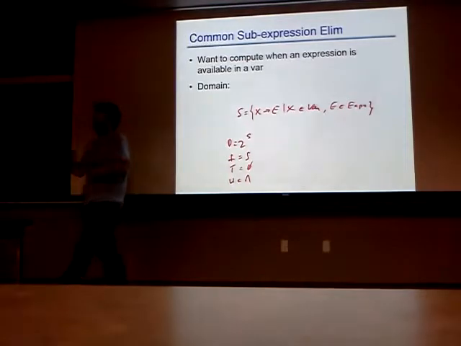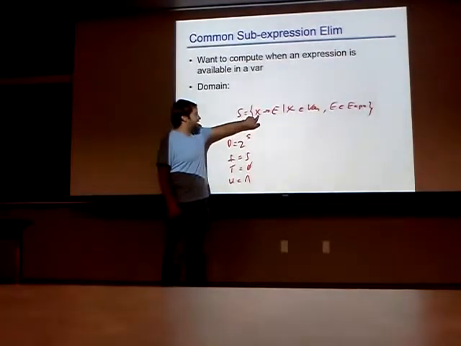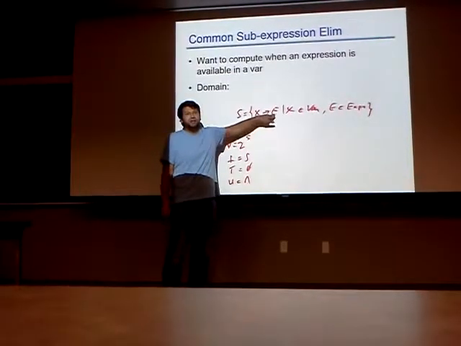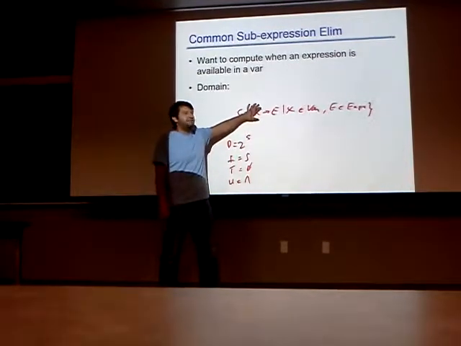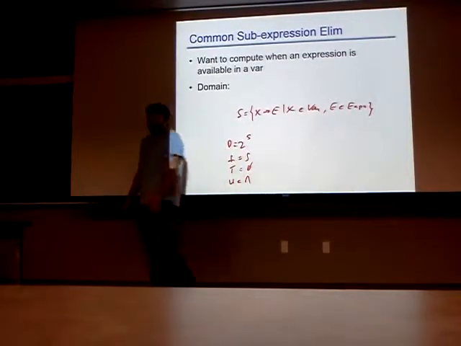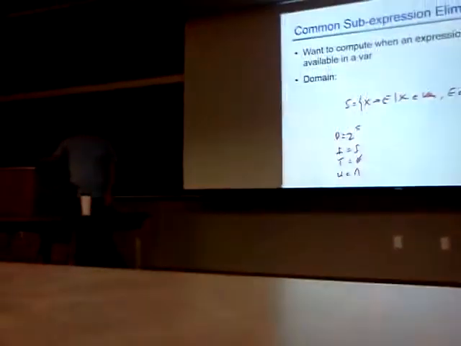You just give up on everything. You're like, I don't know. There's no equalities. And the kind of information we'll be computing is x equals e, where this really shows that x is equal to e. What it means is, whenever we compute this at a particular point, the value of x is equal to the value of e, where e is an expression and x is a variable. So we're computing equalities between variables and expressions.